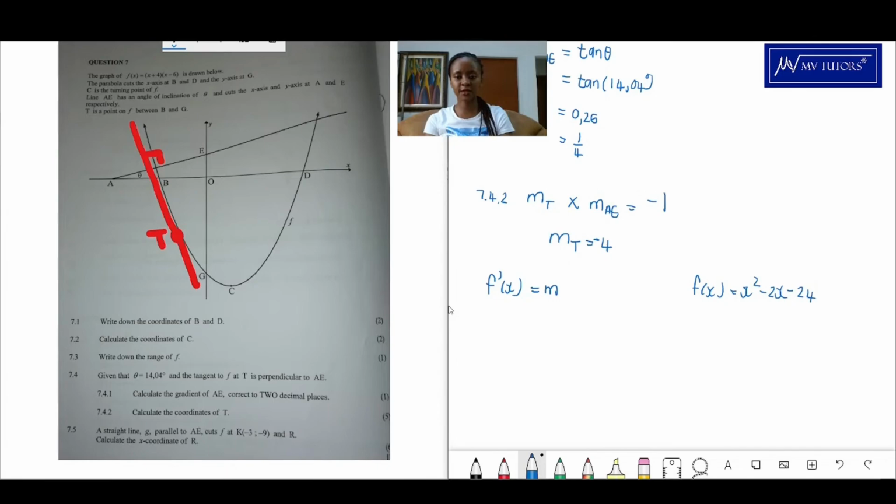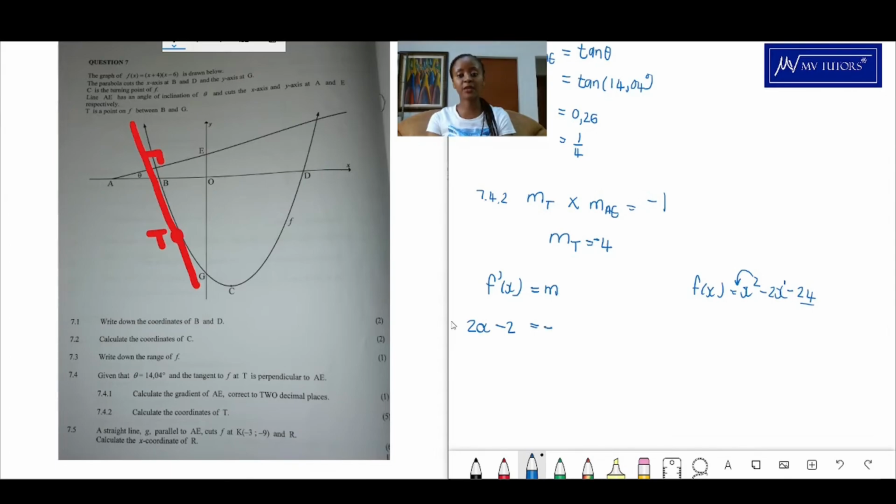So if I take the first derivative, it's going to be 2x. We bring down the 2, it becomes the coefficient of x, and we subtract 1, so we have x to the power 1, which we're not going to write. Secondly, we bring down the 1, it's going to be -2, and we subtract 1, so this is x to the power 0, which is 1, so we don't include it. And this is a constant; if we differentiate a constant, it's just 0. So we have 2x minus 2.